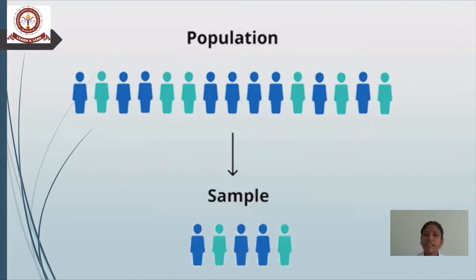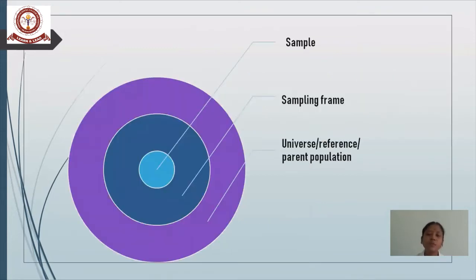Still, we can take a sample which is representative of the particular population. Here we can see the sample is a part of the sampling frame, which in turn is part of the universe, or the reference or parent population. So this sample should be representative of the universe or parent population which we are going to study.